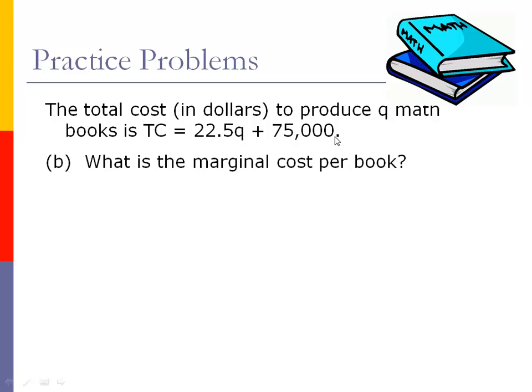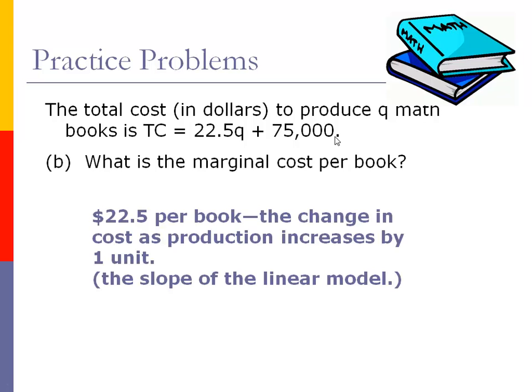For that second question, what is the marginal cost per book? Well, marginal cost basically is how cost changes when you increase production. Wait a minute. Cost changing, increasing production, changing the production, that sounds like a rate of change. Change of the output over the change of input. The change of the cost over the change of the number of books that you're producing. That's slope.